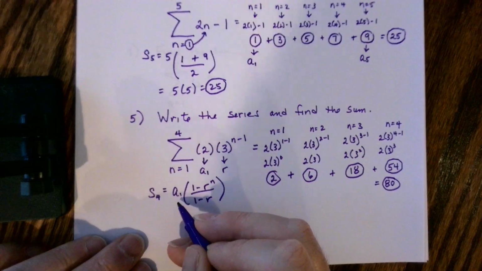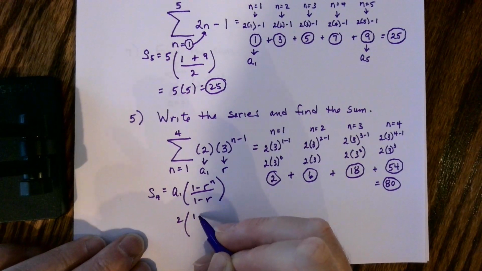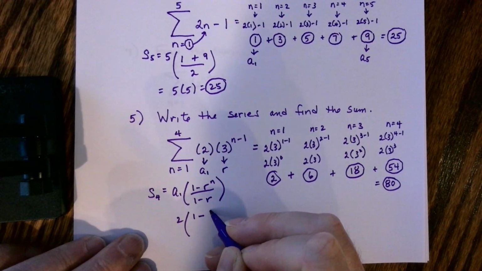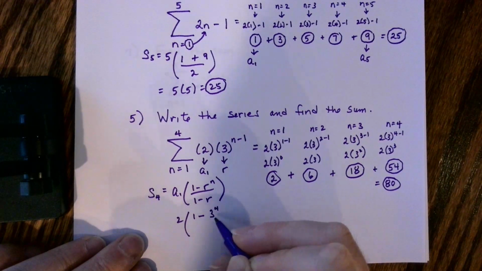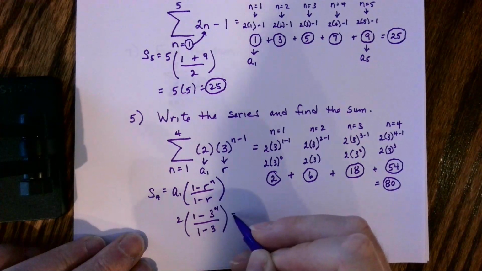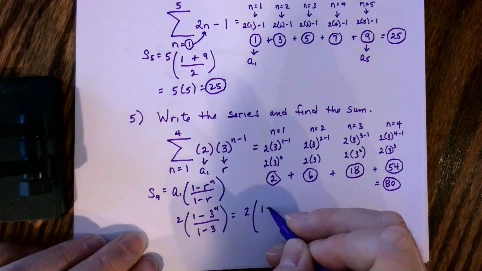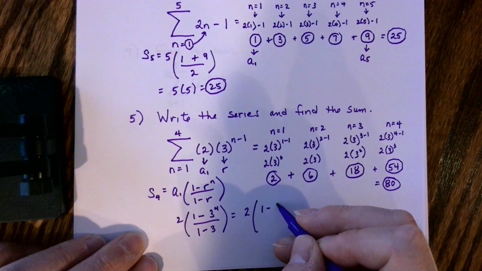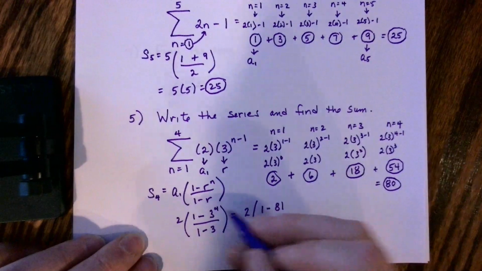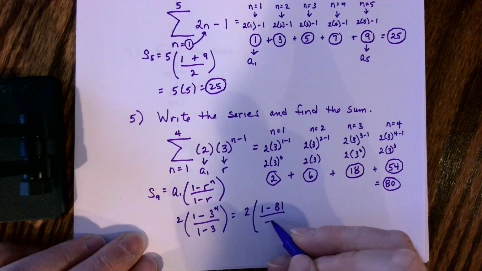So my first term here again is 2. 1 minus r in this case is 3, to the 4th power, all divided by 1 minus 3. Finishing this up now, I get 2 times 1 minus 81, because 3 to the 4th power is 81, all over 1 minus 3, which is negative 2.